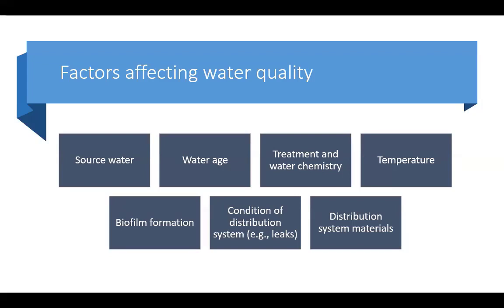Biofilm formation is affected very much by the water chemistry. It's affected by the water age. And one of the things we're concerned about right now with buildings remaining empty is the lack of flow of water in the pipes, or the stagnation of water in the pipes, resulting in proliferation of microorganisms that can include Legionella, which can cause pneumonia.